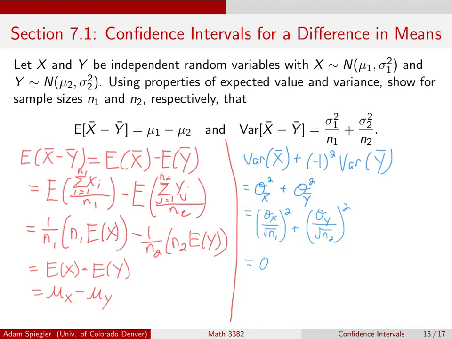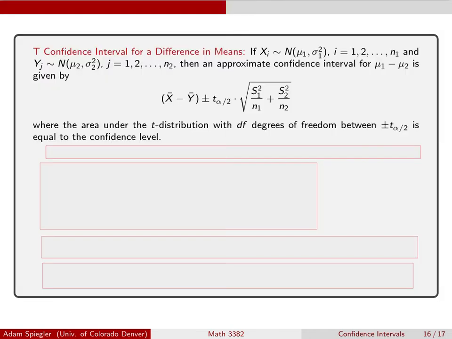When we square both of those, we get exactly that the variance of the difference of the means is equal to the variance of X over n1 plus the variance of Y over n2. This is going to be a useful property when we want to estimate the standard error for the distribution of the difference in sample means.